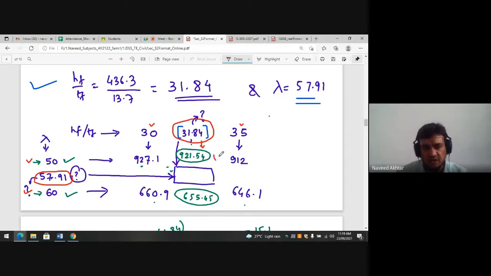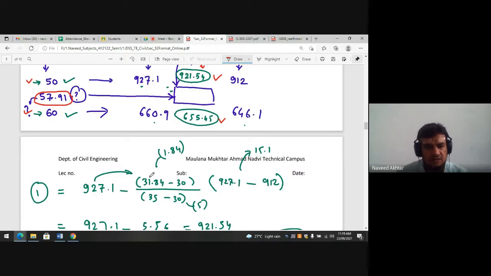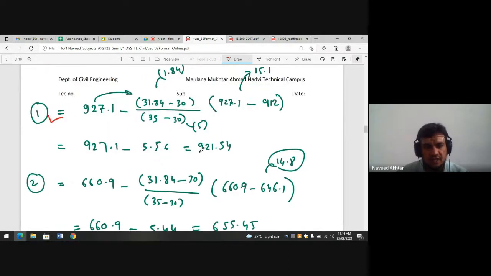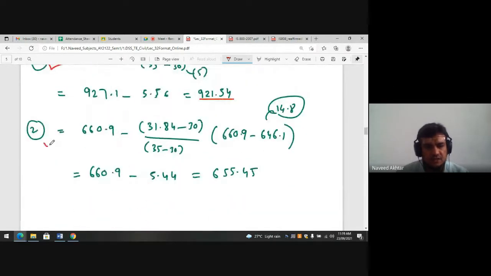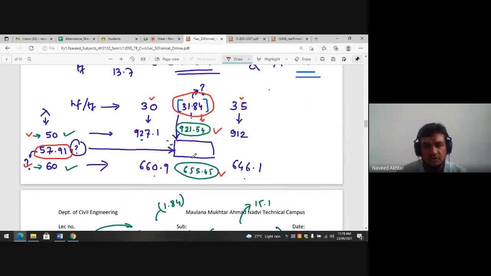This we have already calculated here. The first value is given, and the second value is 655.4. Now we have to find what is shown in the red rectangle, which is the value of the final fcr. Again you have to do the interpolation.